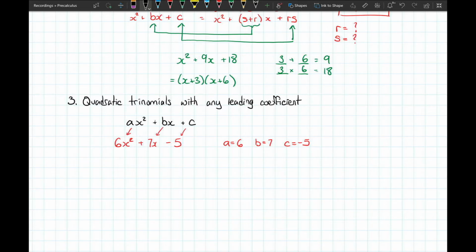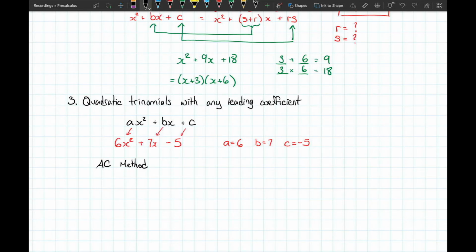However, we only have 3 right now. So we use a strategy called the AC method, which is used to take these 3 terms and break one of them into 2 terms so that we end up with 4 terms. Here's the AC method, step by step for this example.